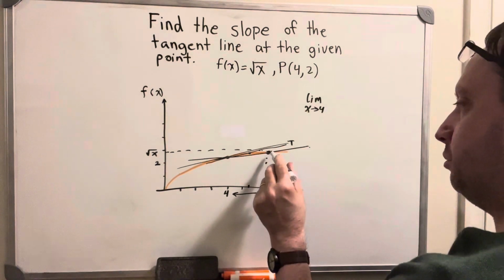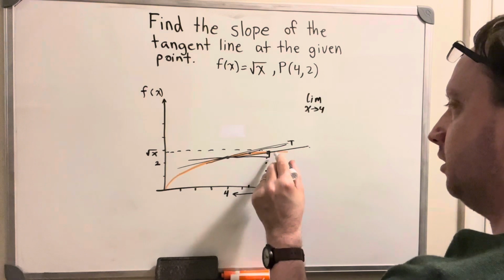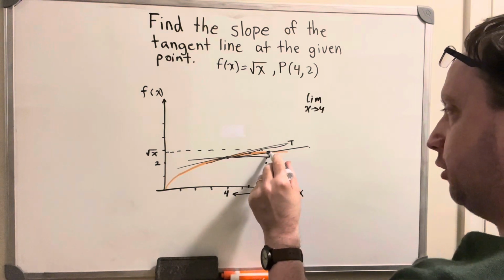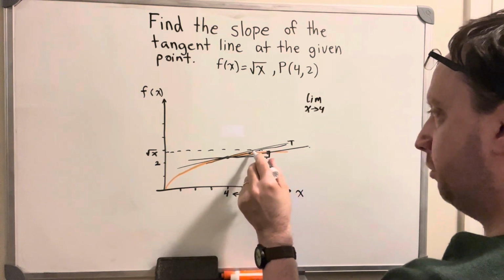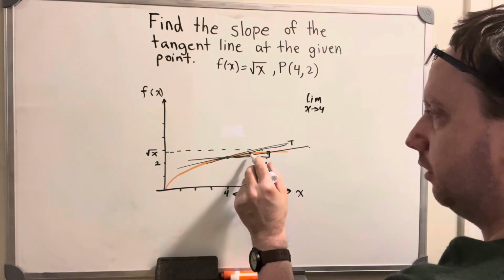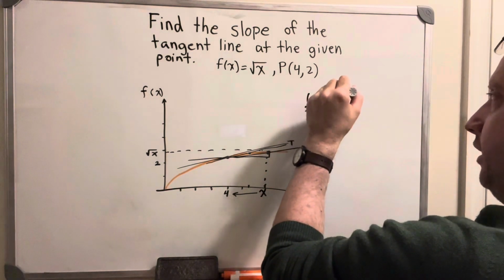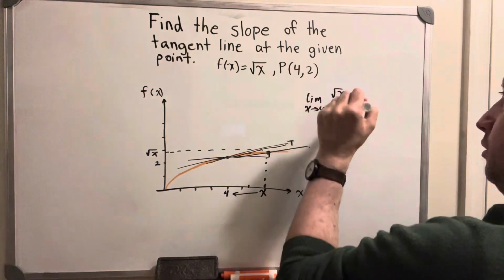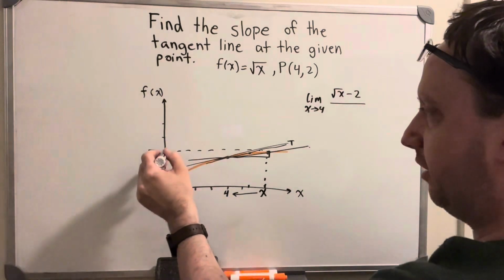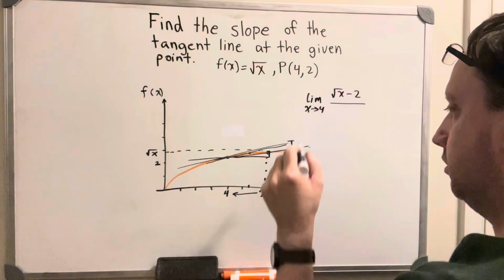And what is the slope of the secant line? What's the difference in vertical height between the moving point that you're sliding along the function curve? That would be square root of x minus 2, right? The distance right here is square root of x minus 2.